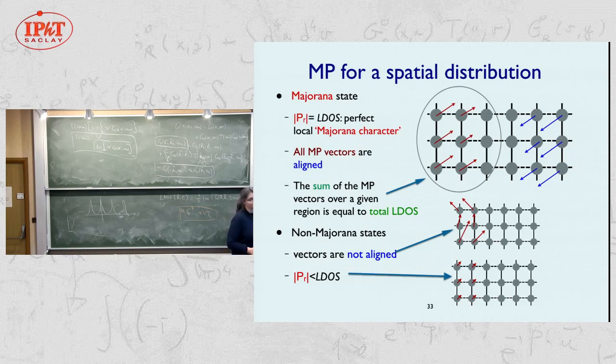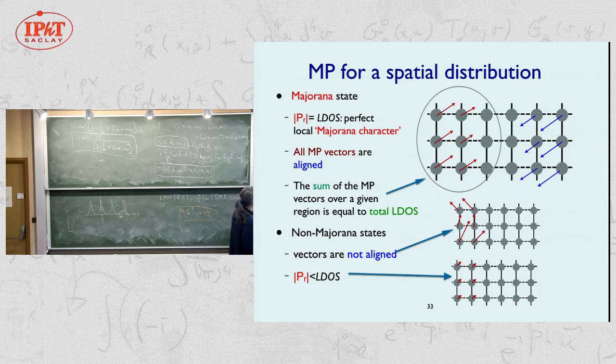The maximal value is not 1, but it's the local density of states, because the local density of states integrated over a given region is 1 maximally. So on a given site, the maximum Majorana polarization is equal to the local density of states. I can have just a part of the state there. I don't have the whole state concentrated on one site. I have a part of it, and the maximal value of 2UV is U squared plus V squared, which is the local density of states.